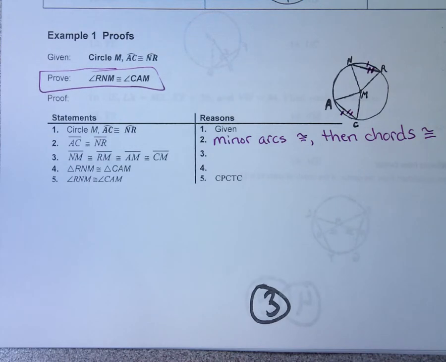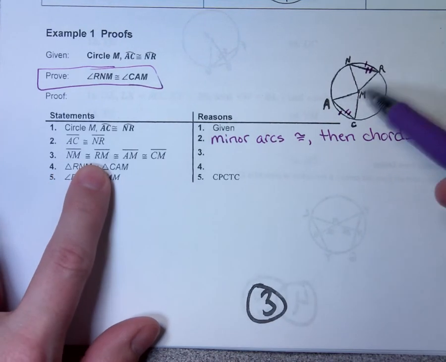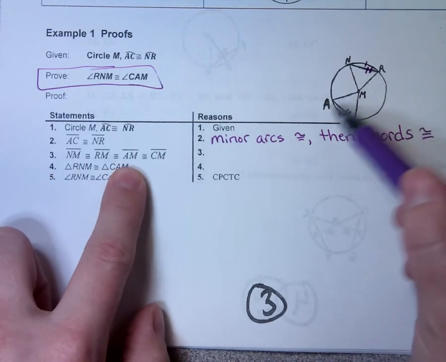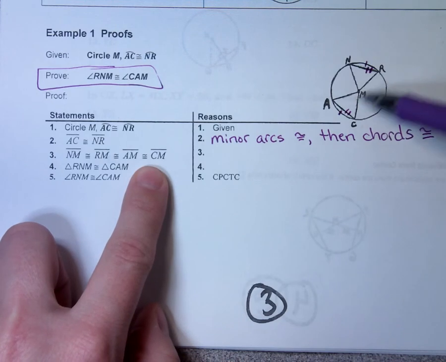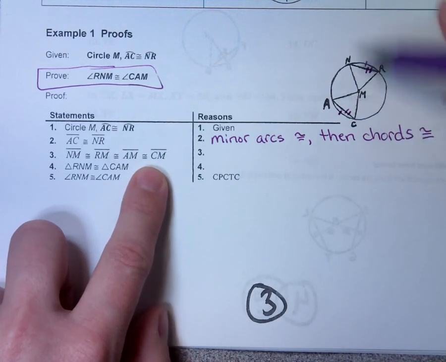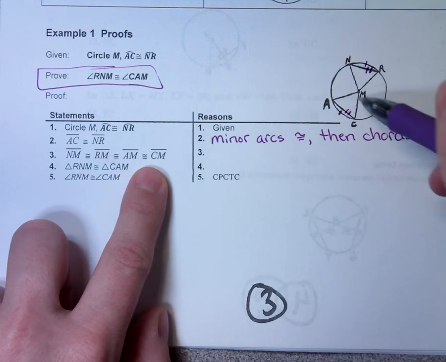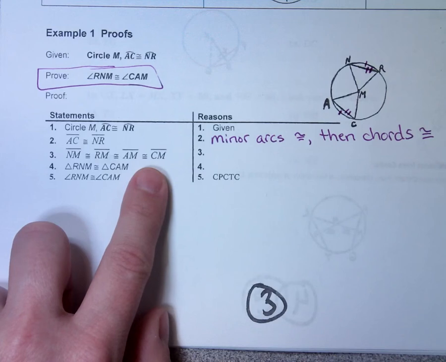Okay, this next one says that segment NM is congruent to RM, which is congruent to AM, which is congruent to CM. What are all of those guys? Yeah, they're all radii, right? They're all a radius. NM is a radius. MR is a radius. MC is a radius. MA is a radius. Should all the radii have the same length?